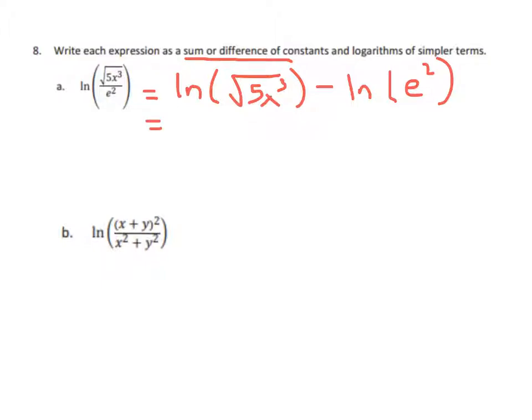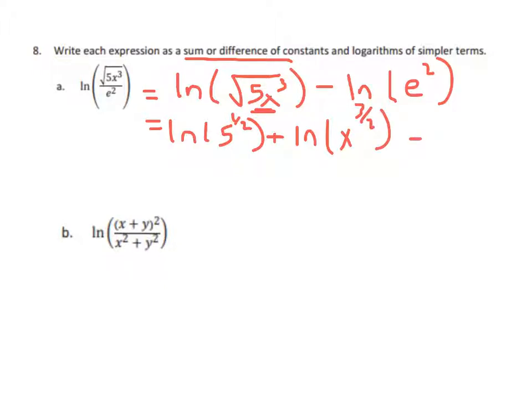And we can start working on this and breaking this up. Now, since this is multiplication in here, I can write it as the natural log of 5 to the 1/2 power plus the natural log of x cubed to the 1/2 power, so it's 3/2 then.